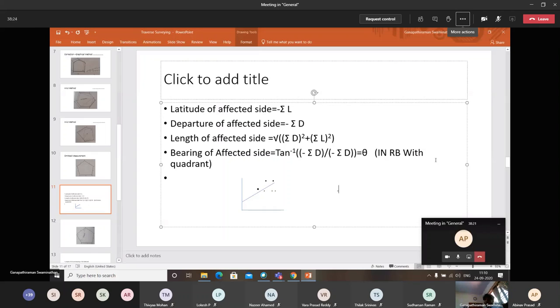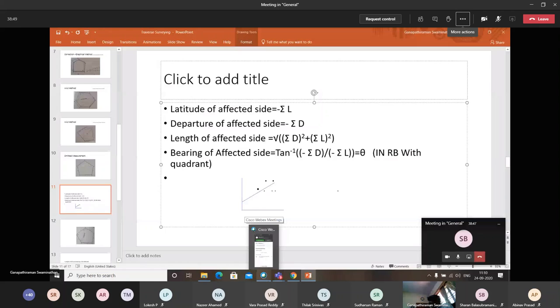What is the bearing of the affected side? The bearing of the affected side is tan inverse of minus sigma d by, sorry, I made a mistake. It should be, the cut and paste technology always, that is the problem. Is that okay? Right? So you can find out theta and then solve for this.